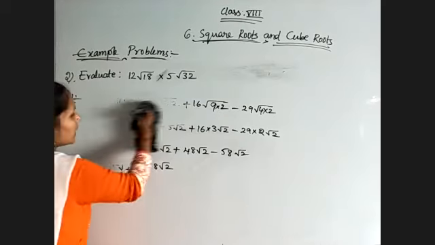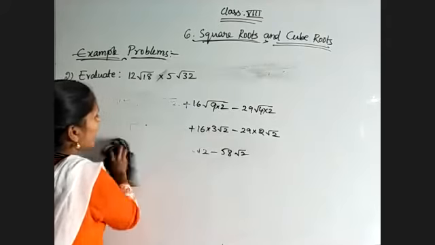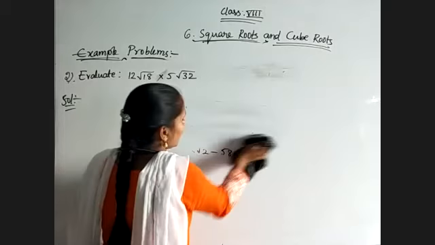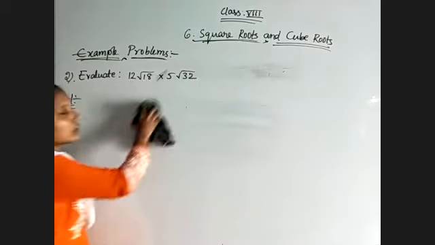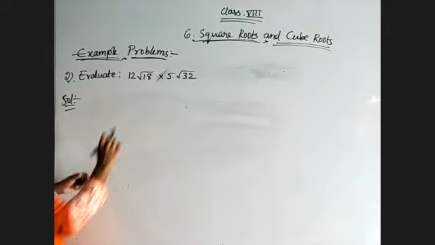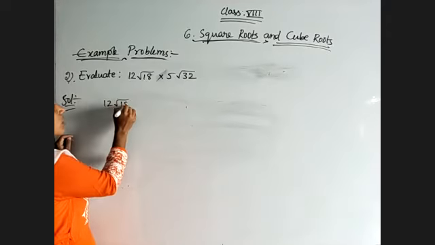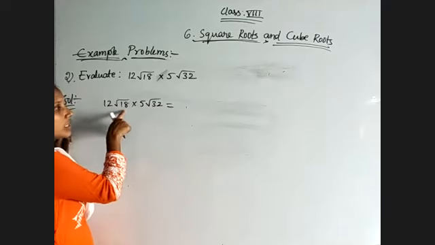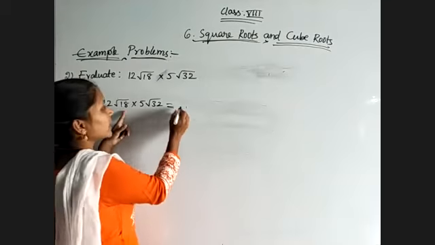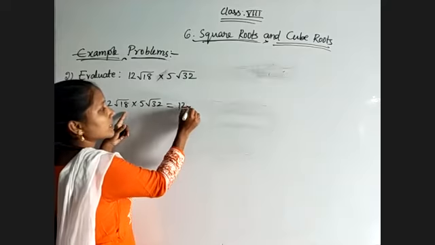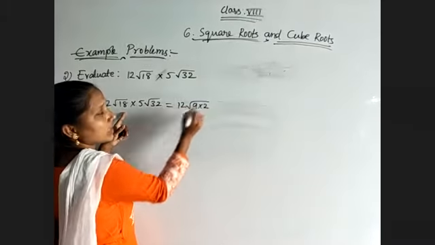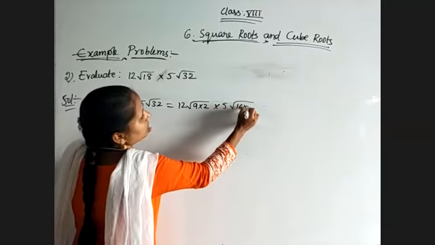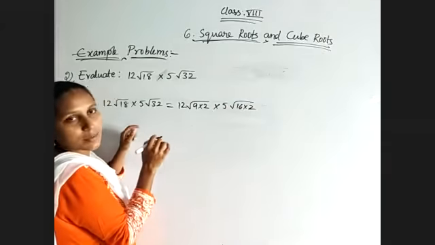So try to write the nearest square value of that number. In root 18, whatever numbers are there, try to write their nearest square values. 12 root 18 into 5 root 32 is equal to, so just now we got 18 and 32. 18 is nothing but 9 twos. 9 is the perfect square, so root 9 into 2 into 5 root 16 into 2. 16 is the perfect square.